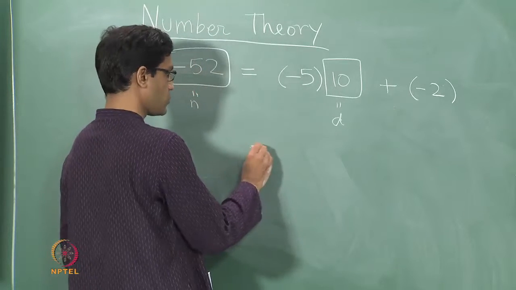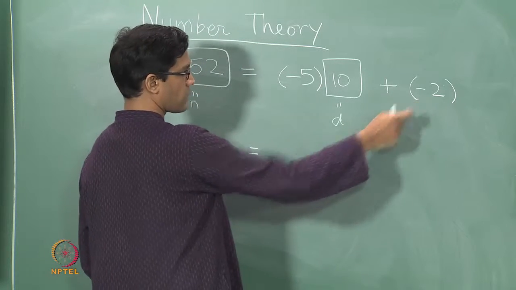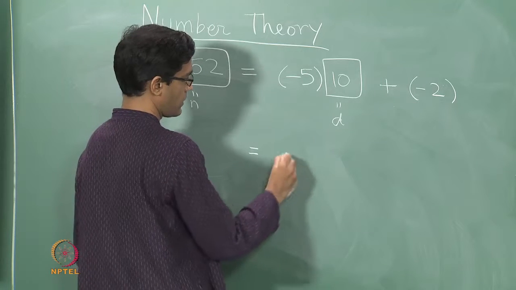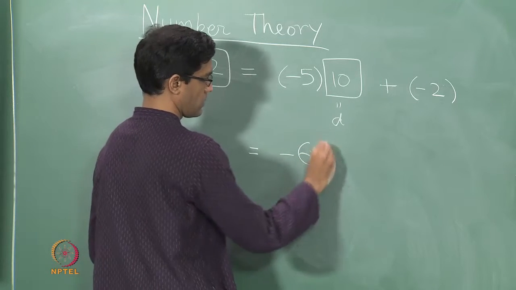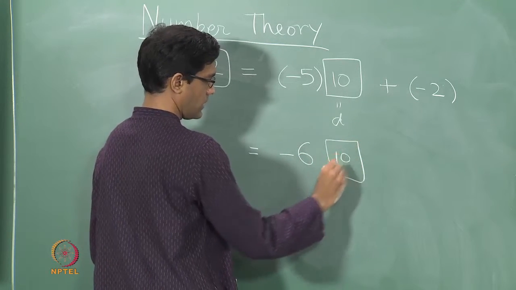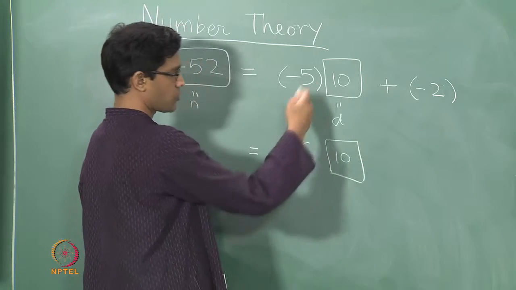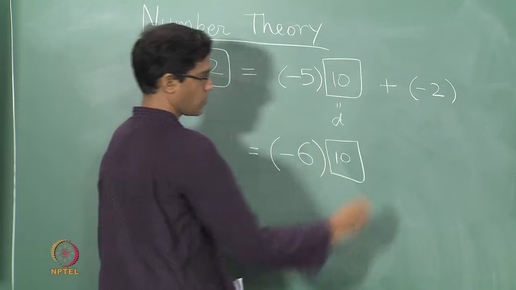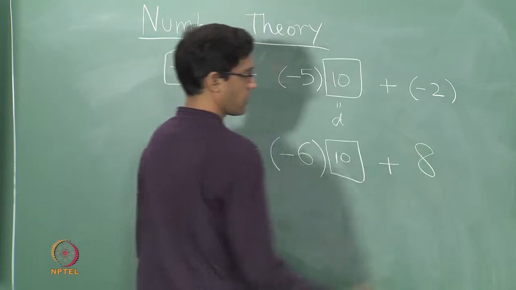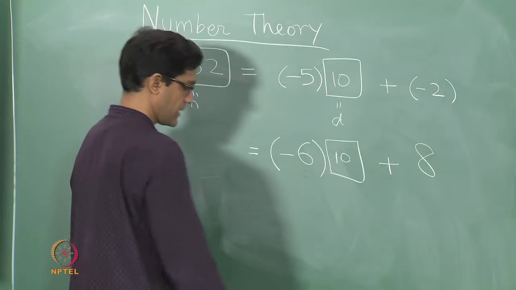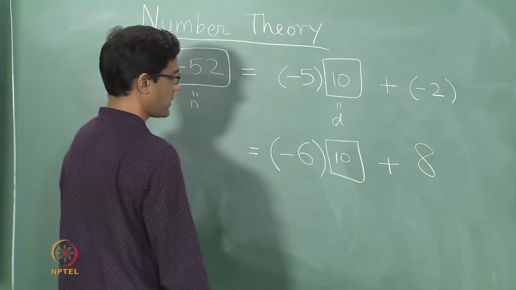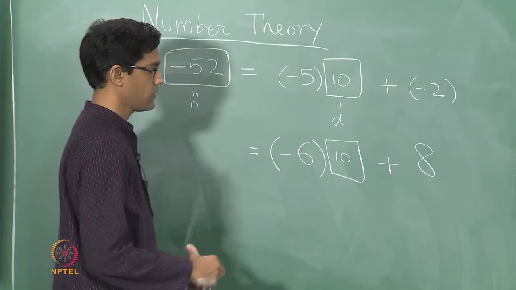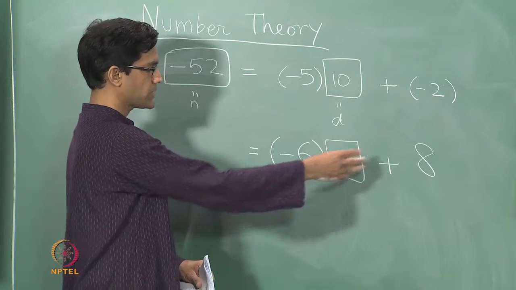Instead what we need to do is the following: we need to do something to get the remainder to be a positive number. So we increase, or well rather decrease, the quotient. You change the quotient by 1 so as to obtain a positive remainder. So here is an alternate way of writing the same thing. You can think of it as minus 6 times 10, so that is minus 60, plus an 8.